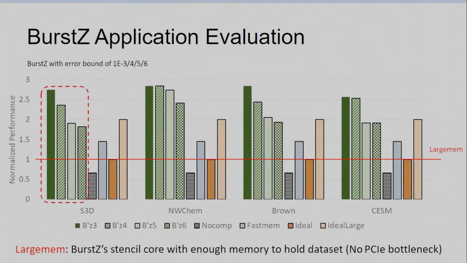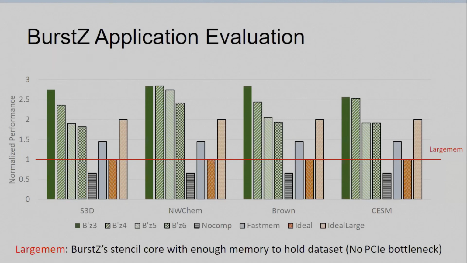The first 4 bars represent BurstZ with compression, with different error bounds. The smaller the error bounds, the higher performance BurstZ has. We can see our BurstZ with compression is faster than large mem, because the accelerator can even remove the DRAM performance bottleneck.